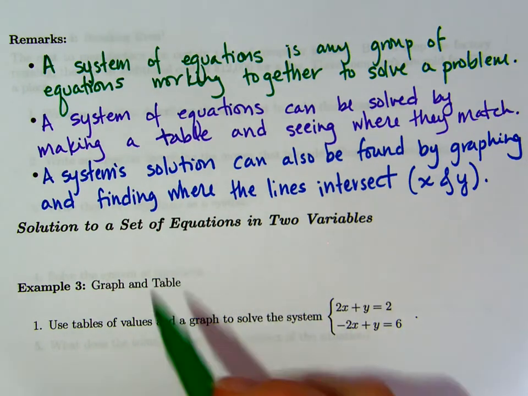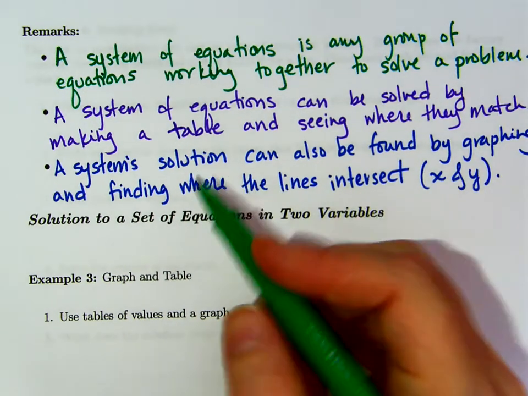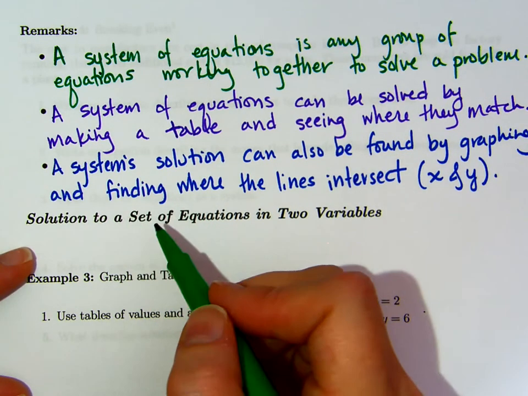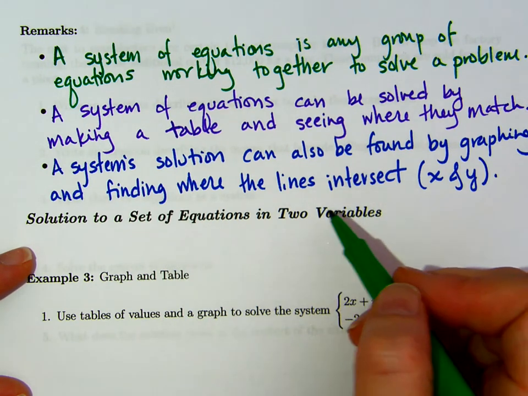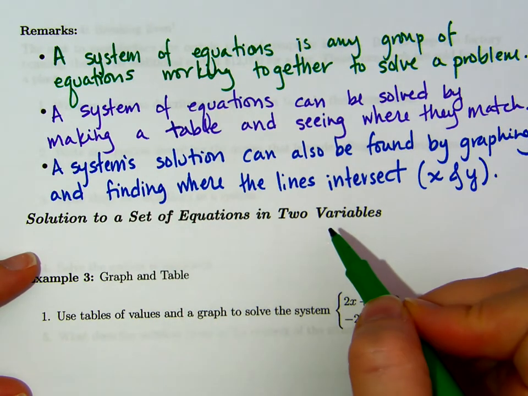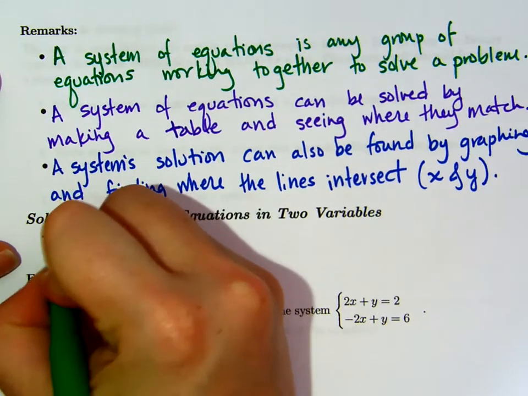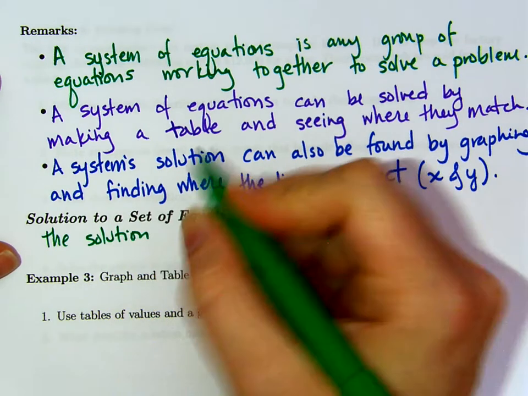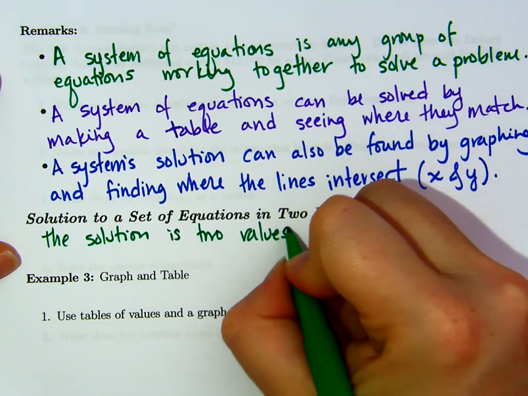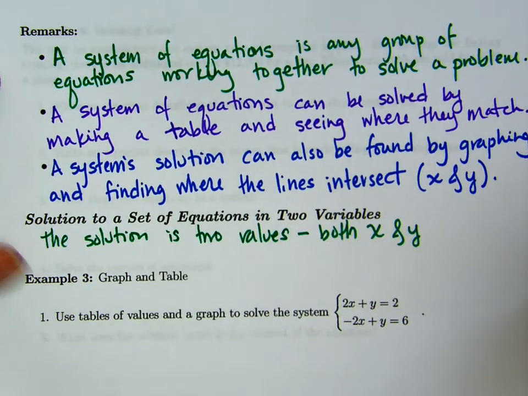Again, we mentioned this once, but I'm going to mention it again because now it's a system of equations. So it's not just one equation, but now we have a set of equations, right? But just two variables. I said set because it could be more than two equations, but the solution is two values, x and y. So the solution is two values, both x and y must be known.